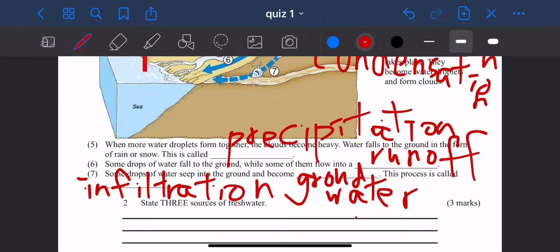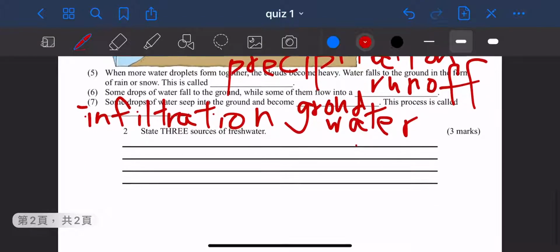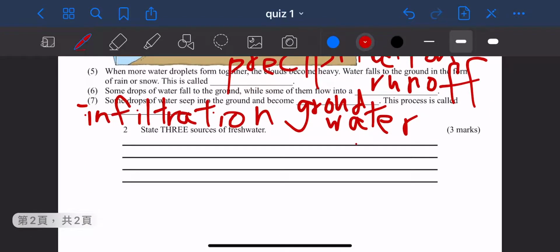So when we are talking about three sources of fresh water, many of you wrote seawater. Come on, just go and drink seawater. I think you will become even more thirsty. Come on, you will go to the sea to take fresh water? Don't kid. Okay, first of all, it should be river and lake.